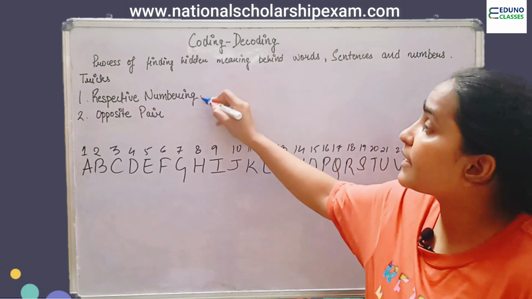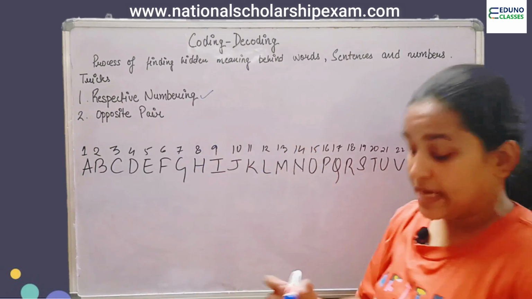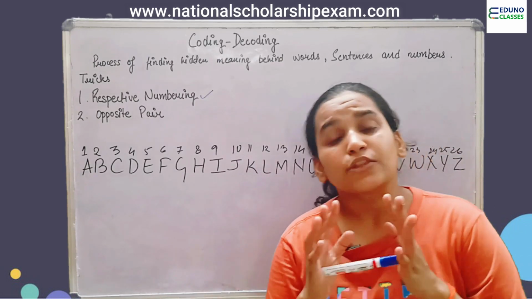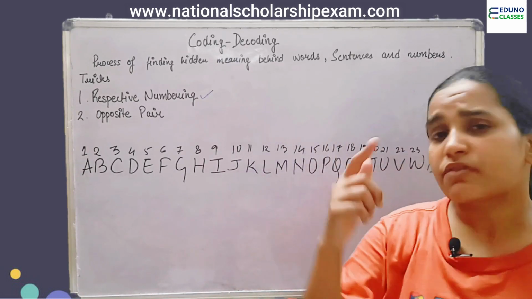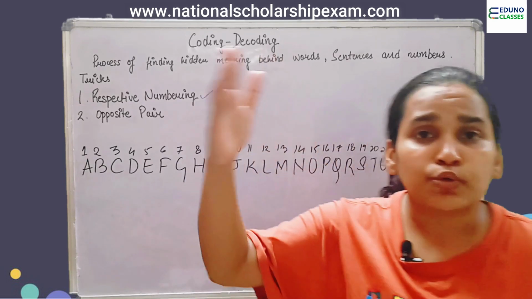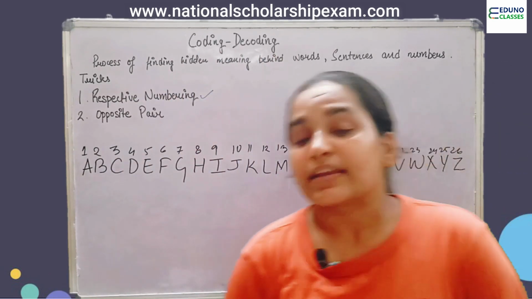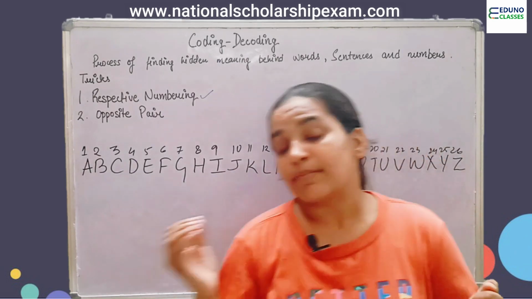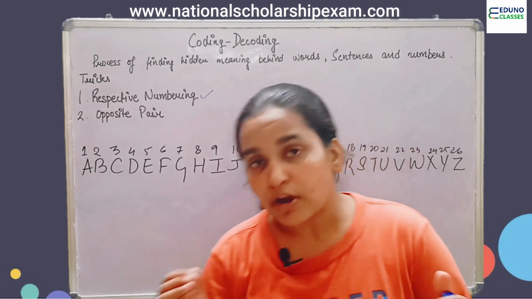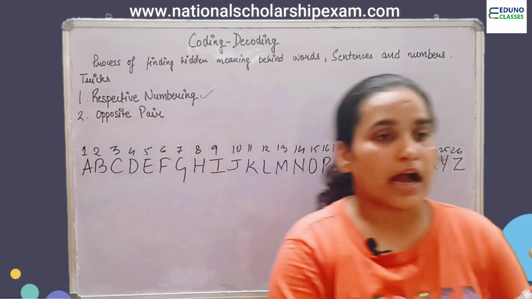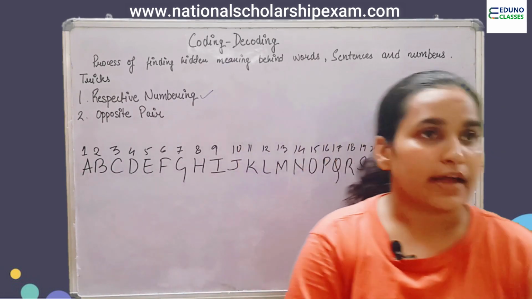The first trick is of respective numbering. What is respective numbering? There are 26 alphabets in English, designated numbers from 1 to 26: A1, B2, C3, D4, E5 and so on. But in the exam, if we are required to find the number of N, we don't have time to count till 14 and find that N is 14.